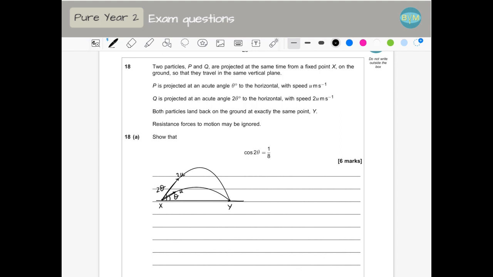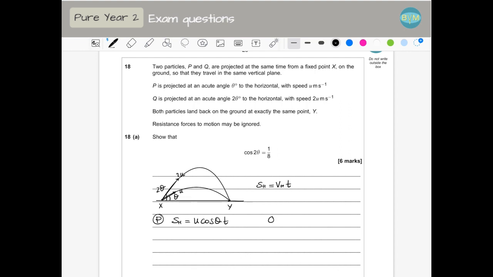If we consider the horizontal motion, because this distance is the same for both of them, the horizontal displacement, which I'm going to call SH, is the horizontal velocity times the time. For particle P, the horizontal component of the velocity is u cos theta, because it's adjacent, so this is u cos theta times the time.